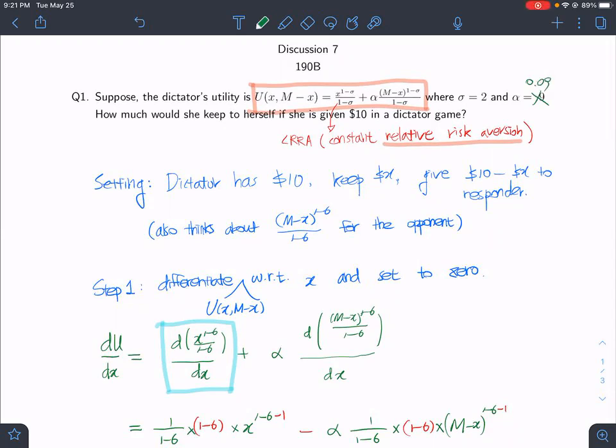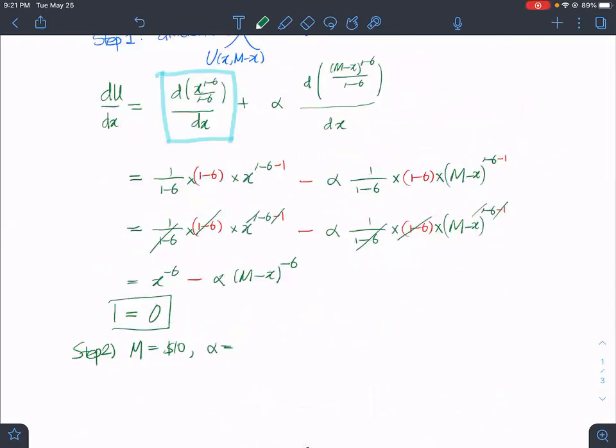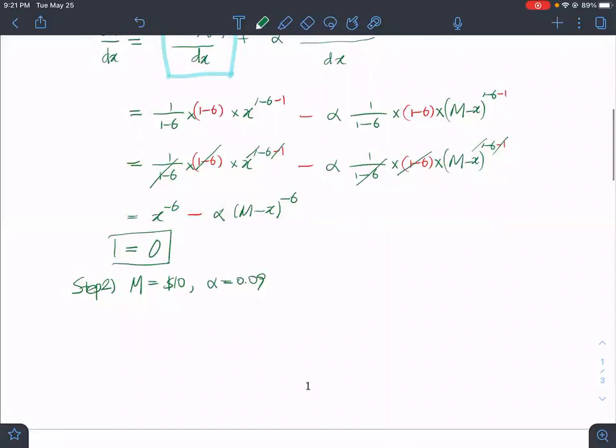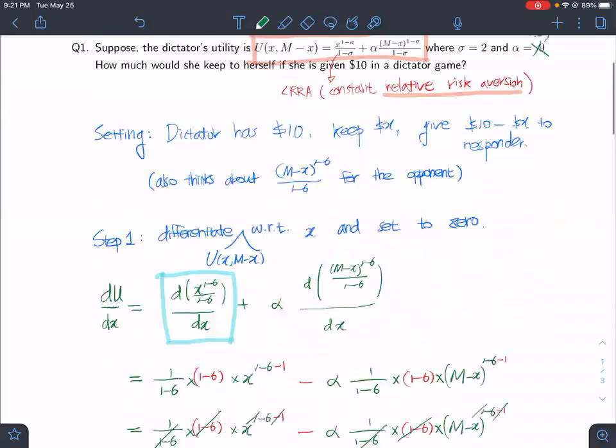I'm sorry for the typo. When I designed this question, it was meant to be 0.09. You will see why it has to be 0.09 soon. I mean, 0.9 also makes sense. You can compute the answer, but if it is 0.09, then it gets a little bit easier to solve. And then sigma was 2.